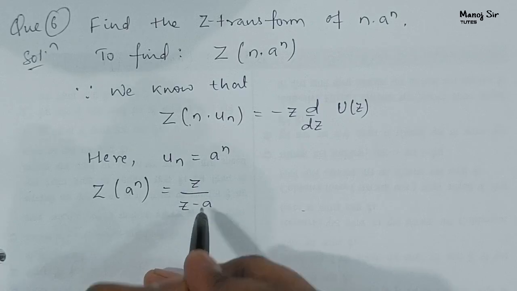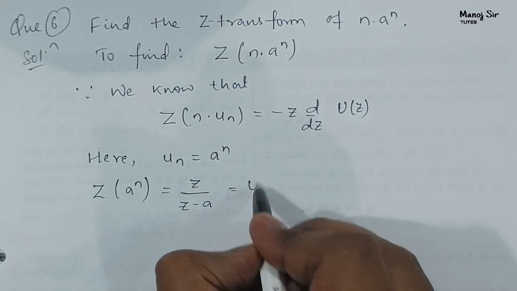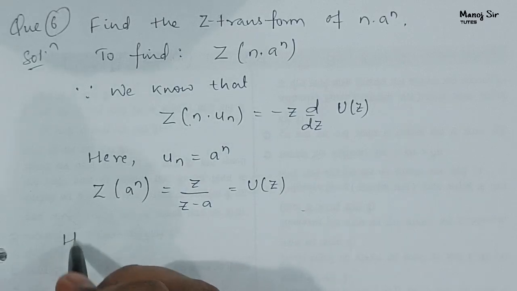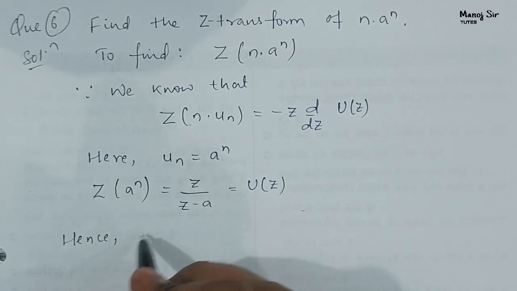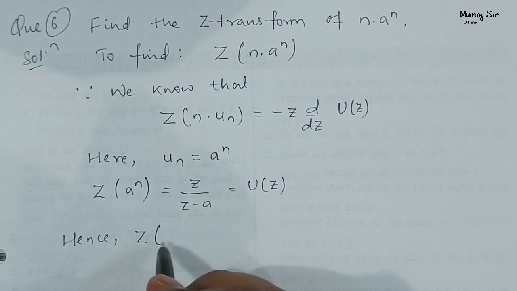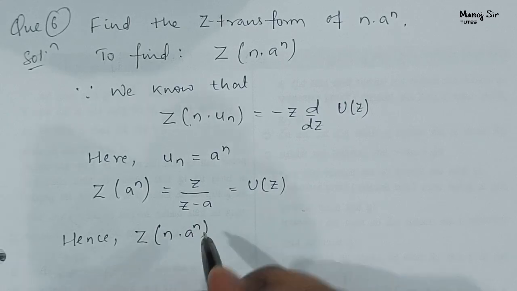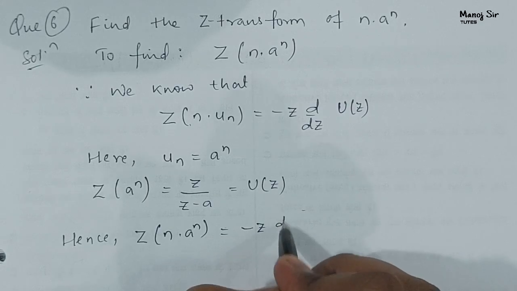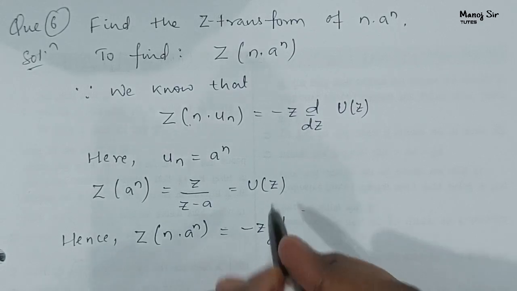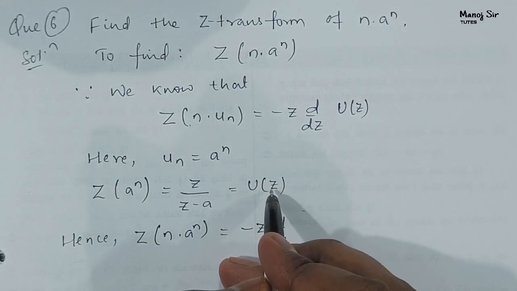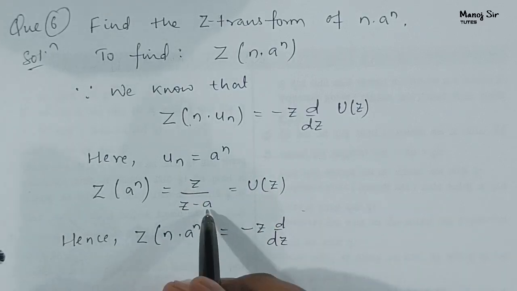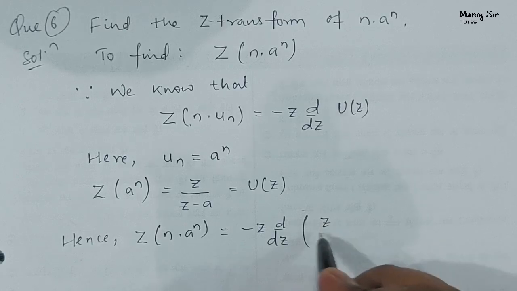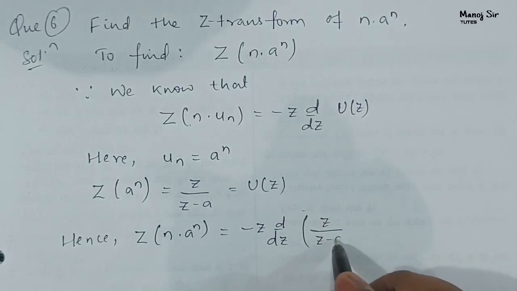That is z upon z minus a, and this is nothing but your U(z). Hence, the Z transform of n into a to the power n is equal to minus z d/dz of U(z), and U(z) is z upon z minus a.